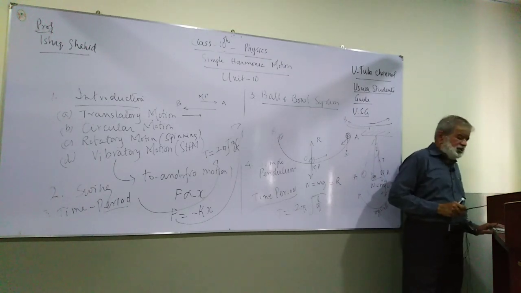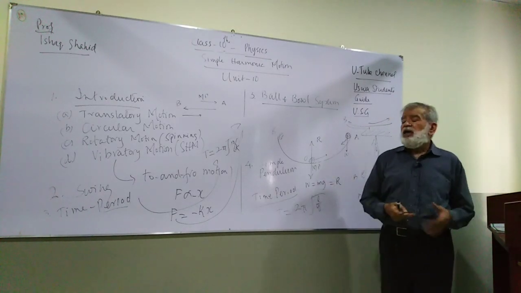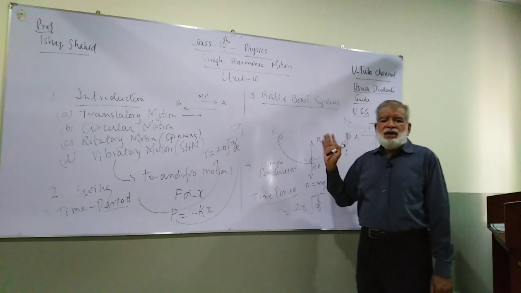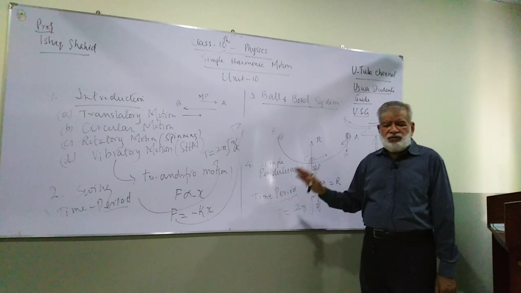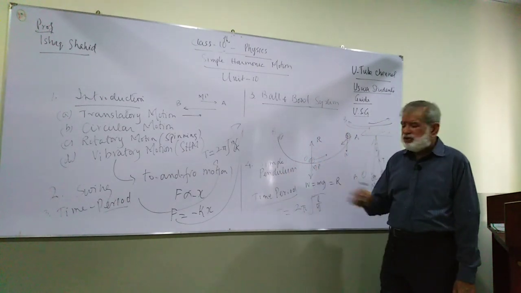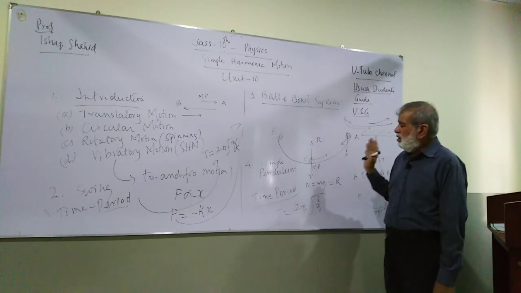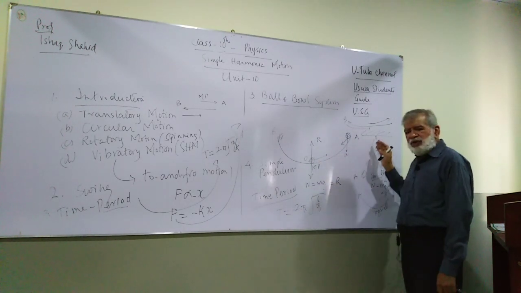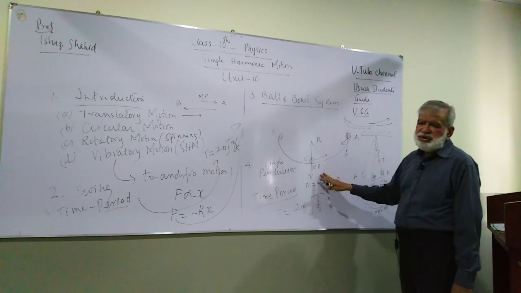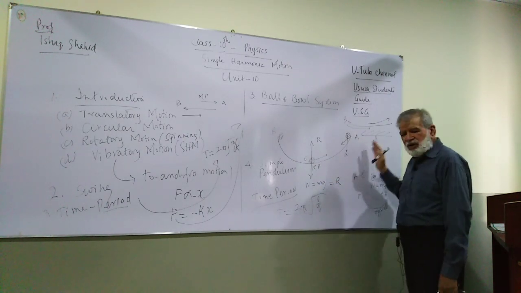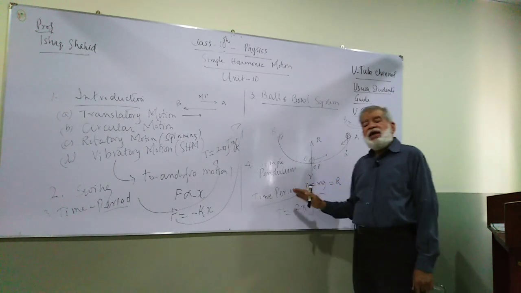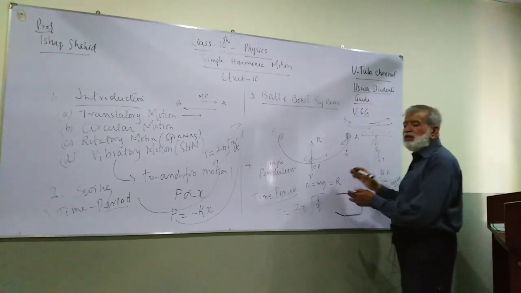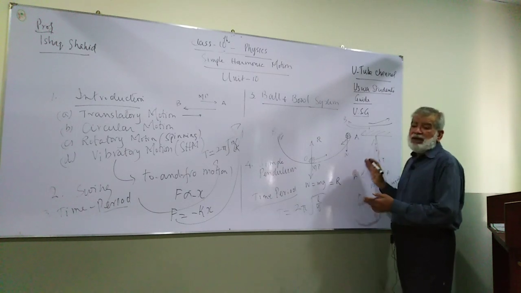Now coming back to this, what is simple harmonic motion? It is a kind of to and fro motion which oscillates between the extreme positions A and B. The acceleration is always directed towards the mean position and is proportional to the displacement from the mean position in magnitude.